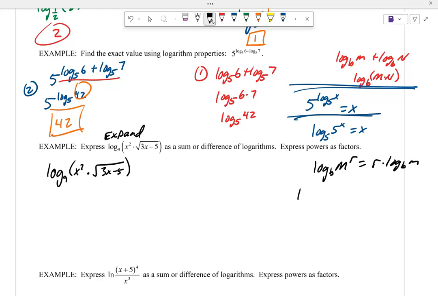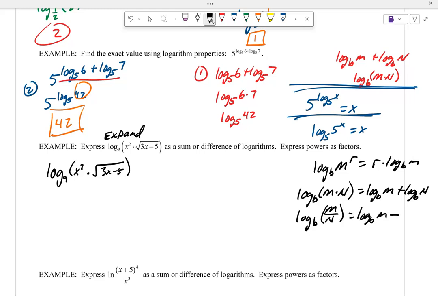The next one was the log base b of m times n, log base b of m plus log base b of n. And then the third rule was m over n, log base b of m minus log base b of n. Okay, those are again 3 unique to logarithms properties.